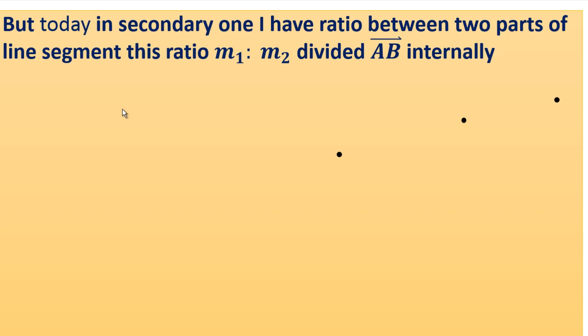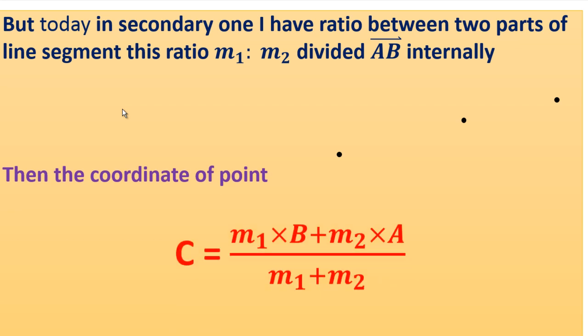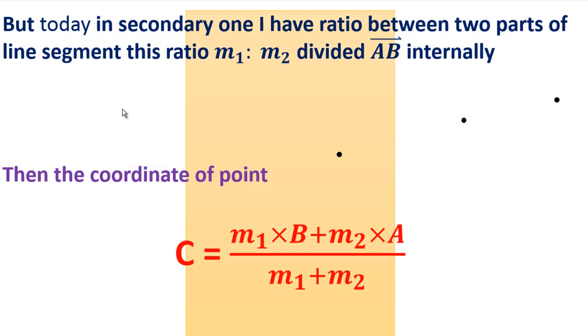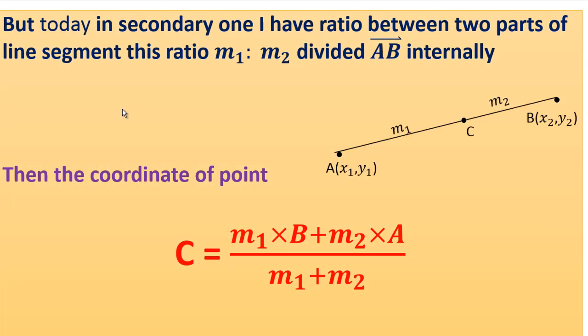Yes, internally. I have externally, but not now. Then the coordinate of the point C: this point is between A and B, and divides it by the ratio M1 to M2.